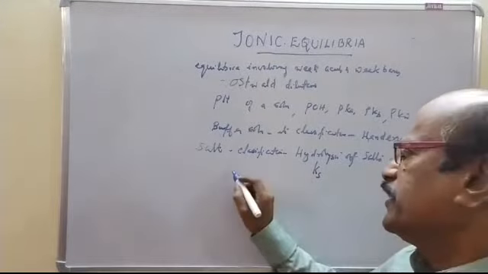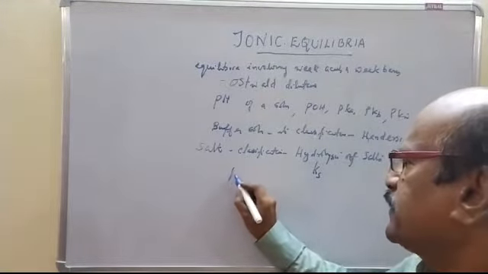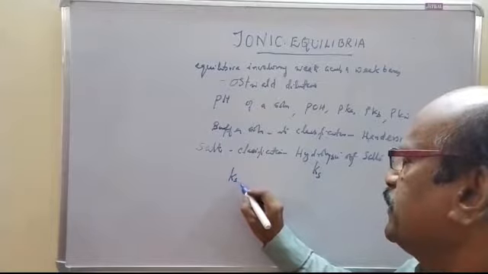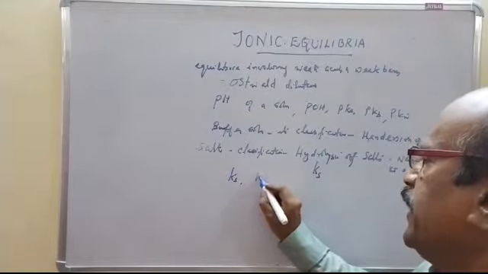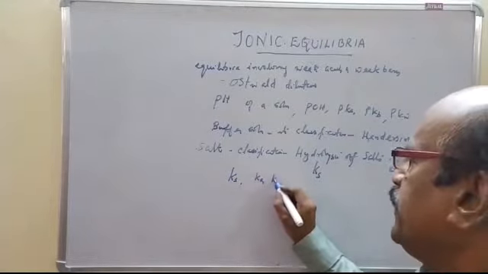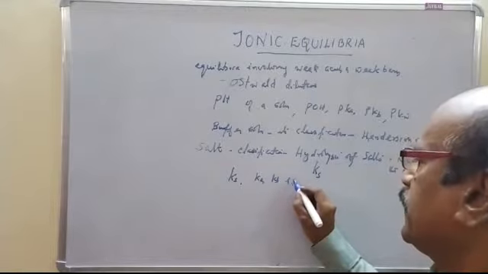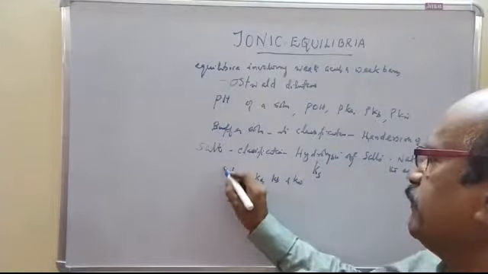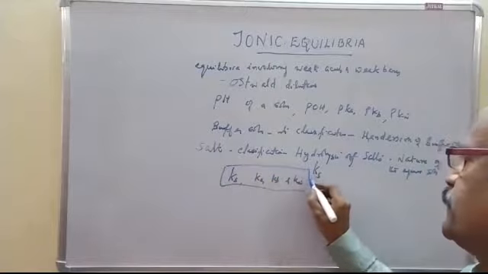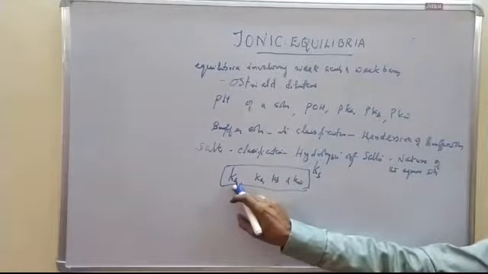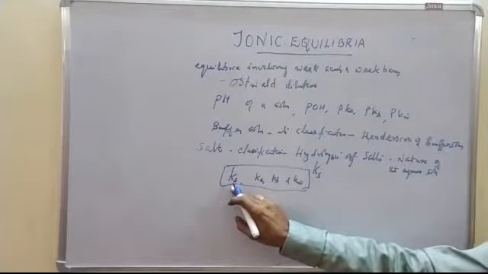After that, you have to derive the expression for the hydrolysis constant Ks with respect to Ka, Kb and Kw. This is also very important. So derive the expression for the hydrolysis constant of various salts.